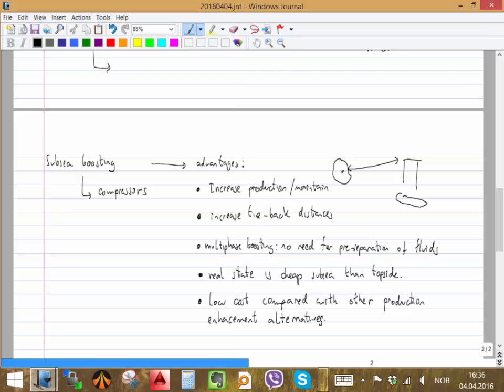For example, we talked about that a bit last class: putting equipment on the well, ESPs, or gas lift. That implies that we have to do an intervention on the well, remove the tubing, and change the completion. If we have 20 or 30 wells in a typical field, that's going to be very, very expensive. Sometimes installing a subsea booster is a less expensive alternative with more or less the same effectiveness.